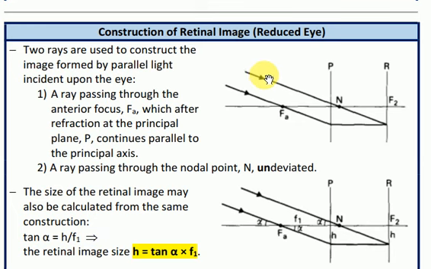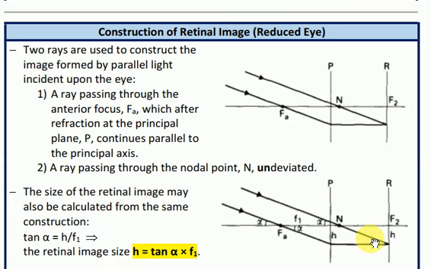The second ray passes through the nodal point N undeviated. The size of the retinal image may also be calculated from the same construction. It can be seen from this figure that light subtends angle alpha at the nodal point, as well as at the anterior focus.